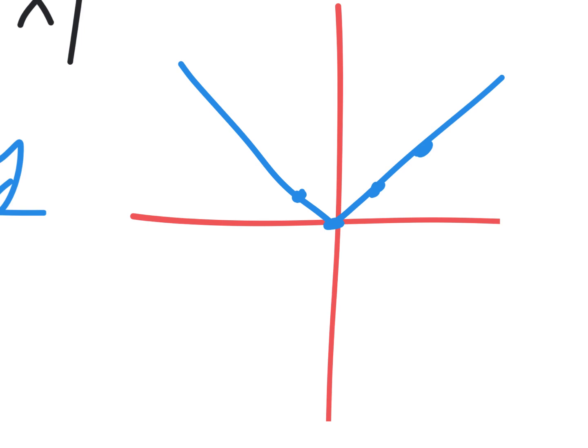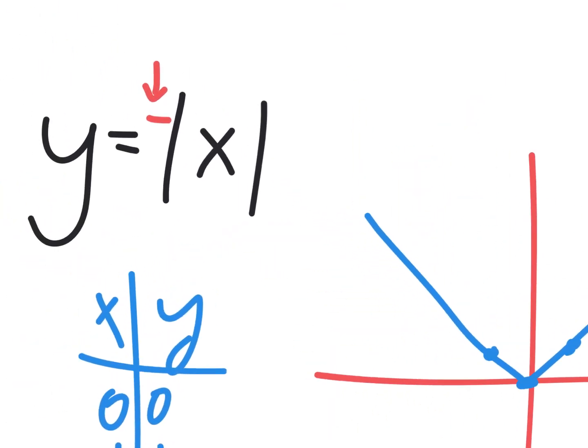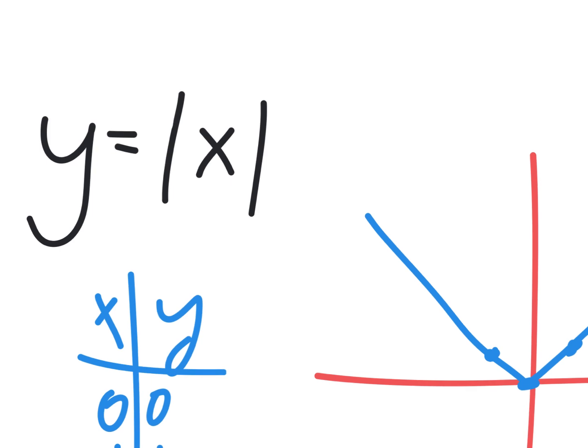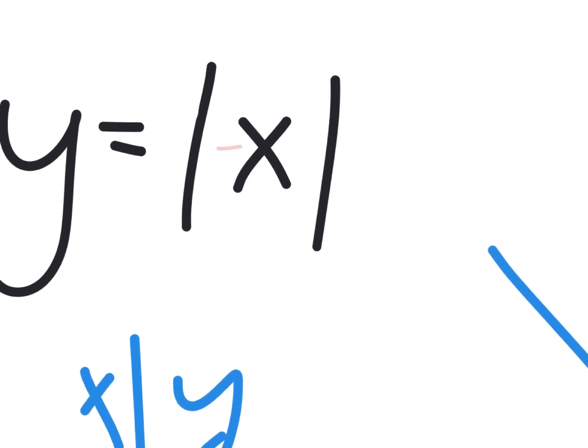Does that make sense? Okay. Now, what if the negative had been on the inside? Well, horizontal on the inside is a horizontal reflect, and it's weirder. If I put a negative on the inside, I want you to think about the math of this.